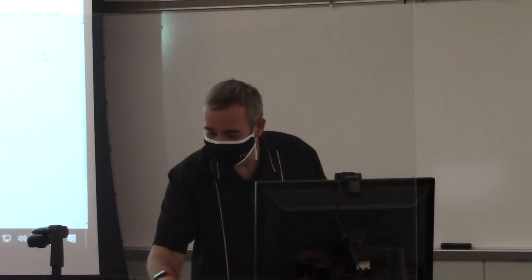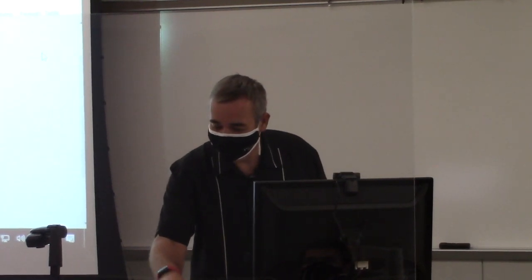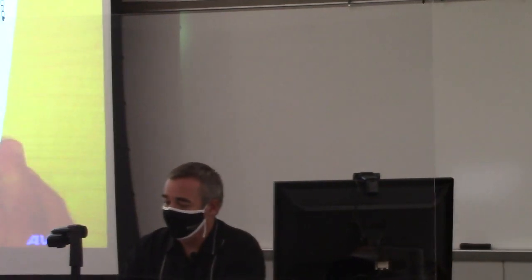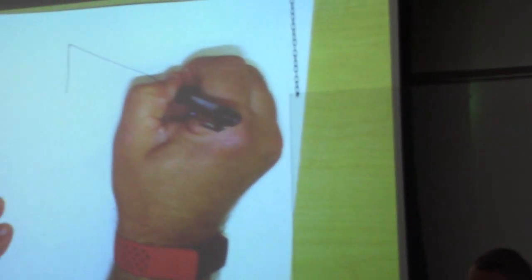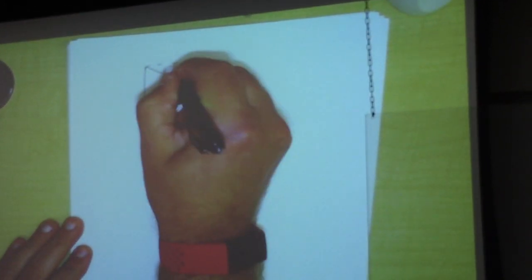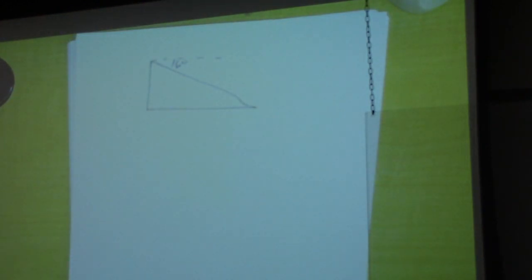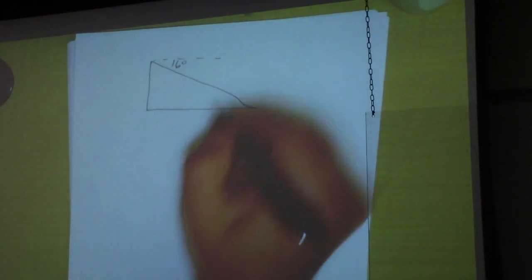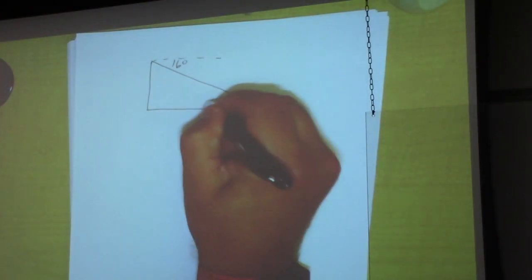Okay, back to the document camera. So really, it's the same picture. This is 16 degrees. That's what they actually tell you in the problem, 16 degrees below the horizontal. So that means that this one is also 16 degrees.